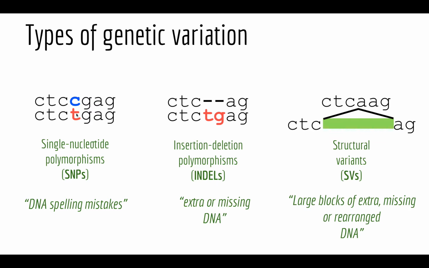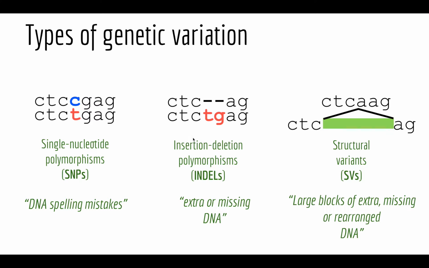Sometimes we see individuals with a T at that site. And most of the genetic variation that we're aware of in the human genome is this type, these spelling differences or single nucleotide changes. These are sometimes called single nucleotide variants, SNVs. Sometimes they're called SNPs. Sometimes they're called polymorphisms. There's a lot of different jargon. That's an unfortunate thing in genetics.